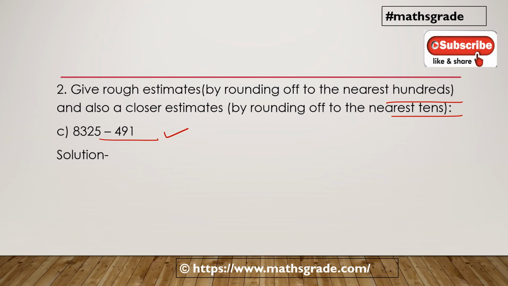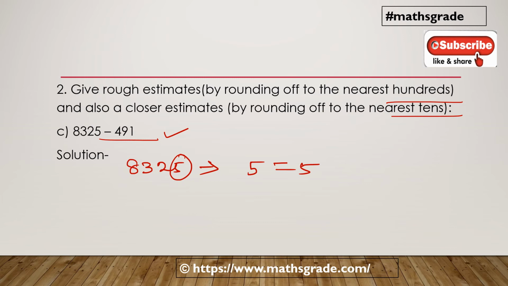Now we round to the nearest 10 for estimating this difference. So in 8,325, this number rounded to the nearest 10. When we round any number to the nearest 10, just look at the unit place digit. In 8,325, the unit place digit is 5, which is equal to 5.